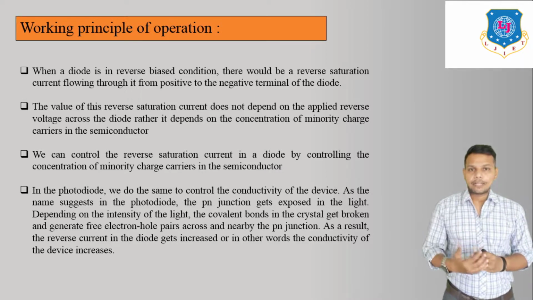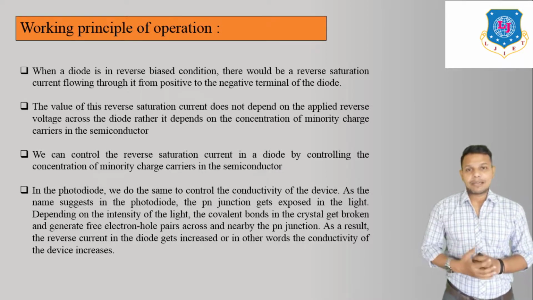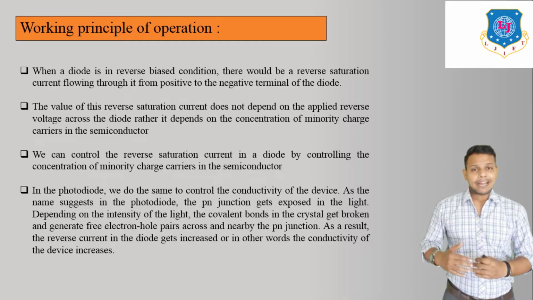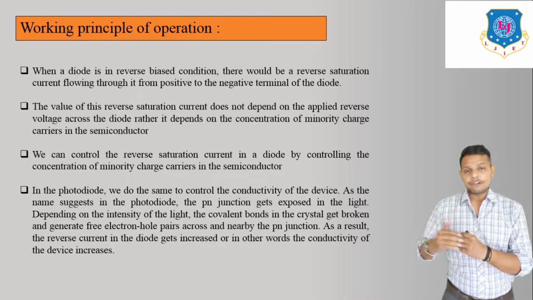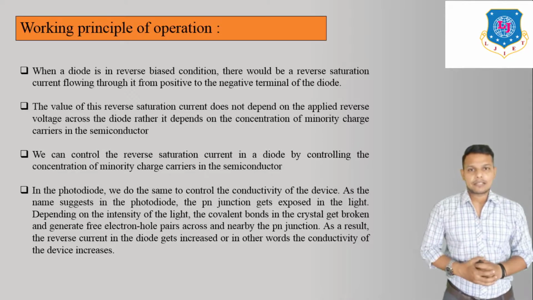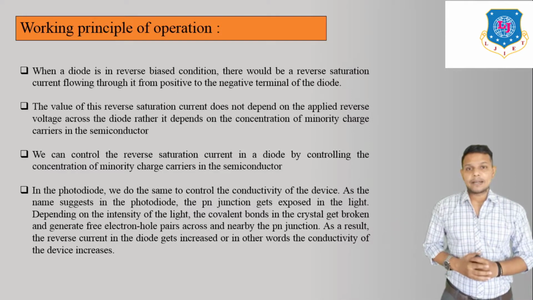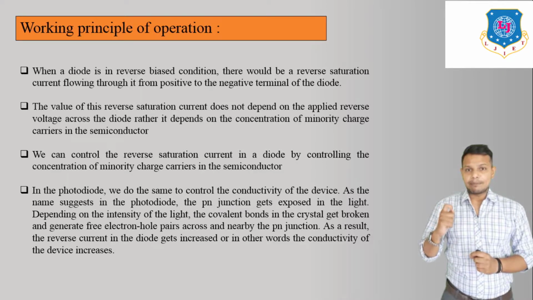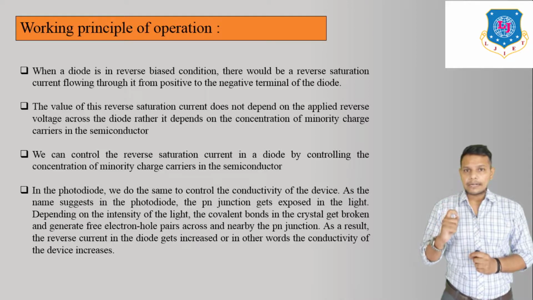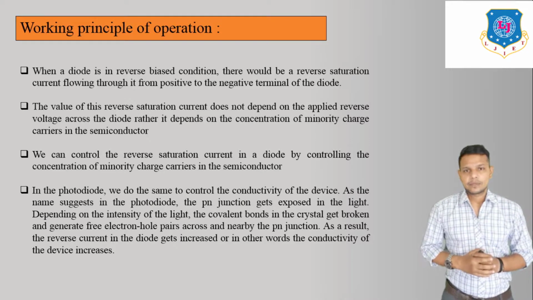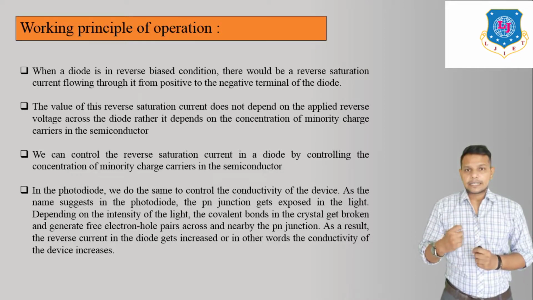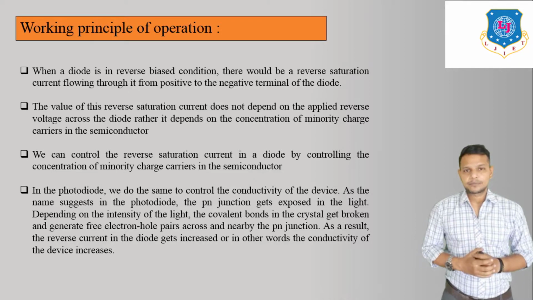Now, one question may arise in your mind: why does it work in reverse bias, why not in forward bias? It works in reverse bias because if there is a slight change in current it is noticeable, since in reverse bias the current flows in microamperes.